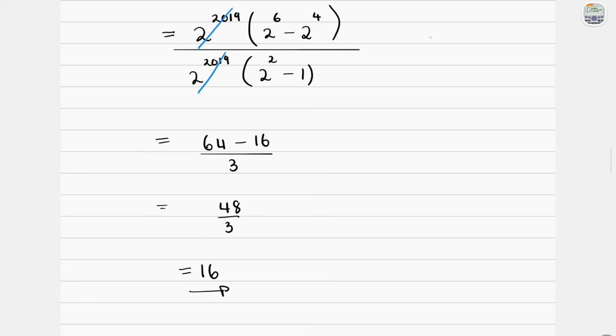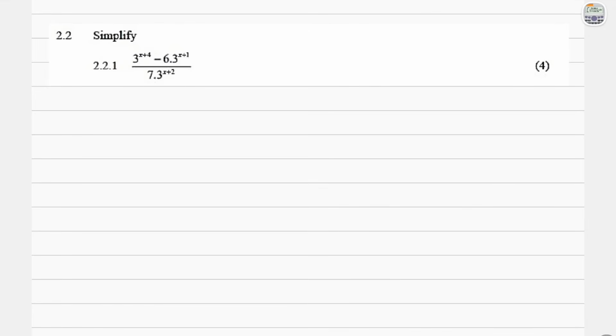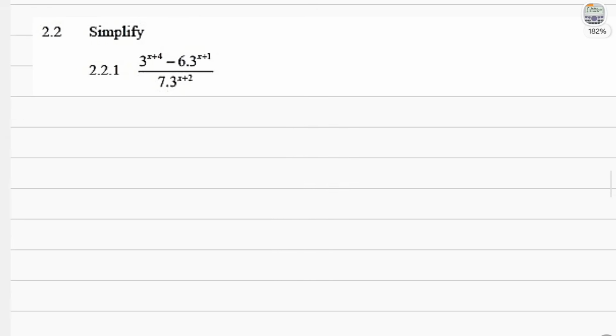Moving on to the next question. Question 2.2 says, simplify, and then 2.2.1, we've been given an exponential expression. So to simplify this expression, very similar to the previous question, it's exponential, so we're just trying to find common factors all through. So the way to find this is we could just separate these first.